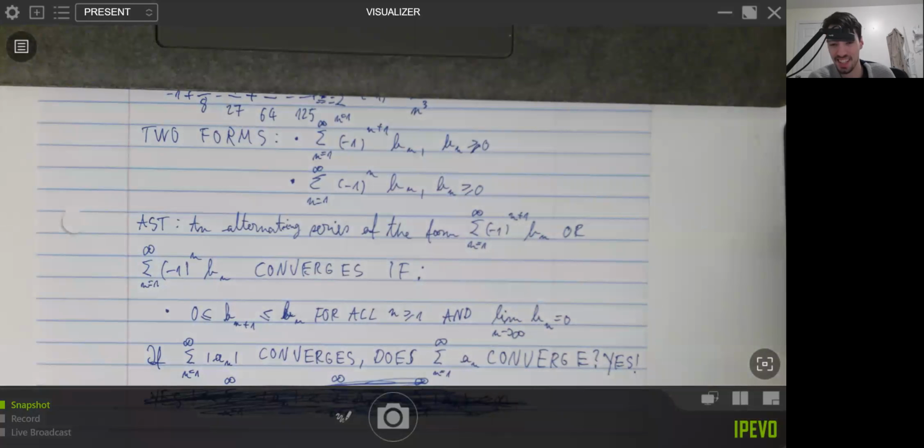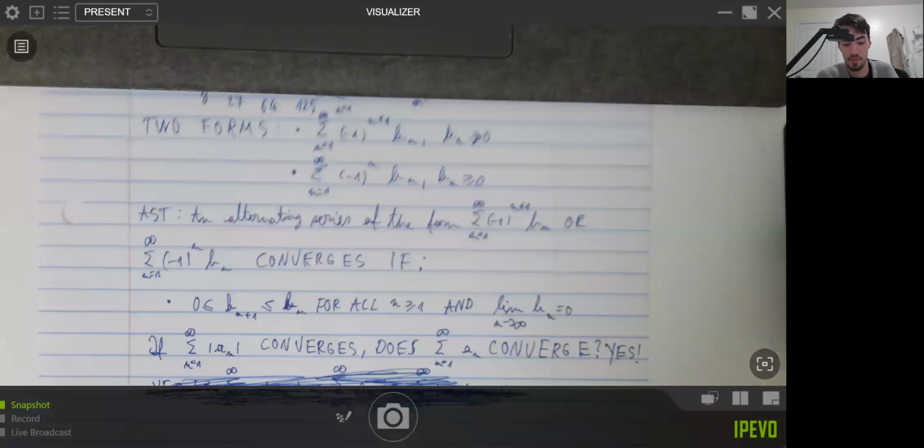Now, one of the first questions you could ask yourself is, if we have an alternating series, how can we see if it converges other than this theorem?